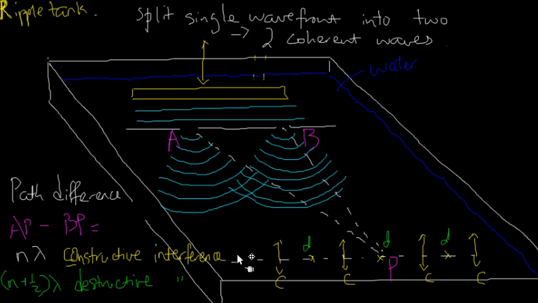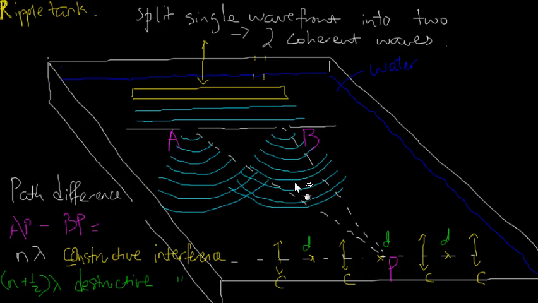So as we move along a line, this line for example, we would see big oscillation, no oscillation, big oscillation, no oscillation. This is a very distinctive feature of waves.